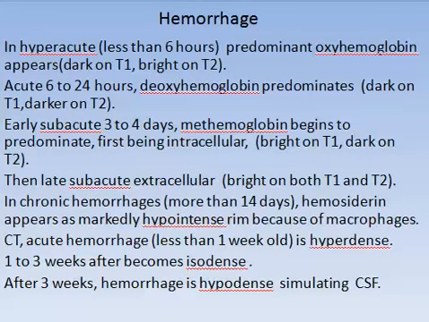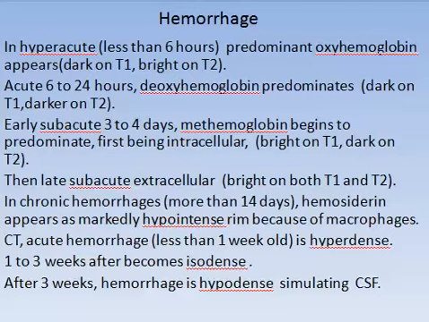Then the late subacute, which occurs more days after, will be bright in both. Chronic hemorrhages usually follow the CSF, besides the hemosiderin granules appearing as a marked hypointense rim because of the macrophages.